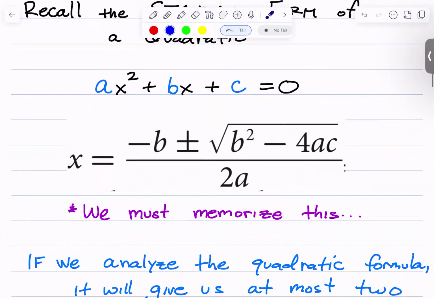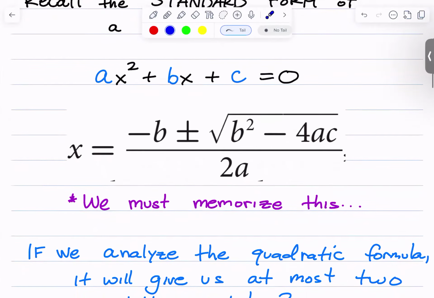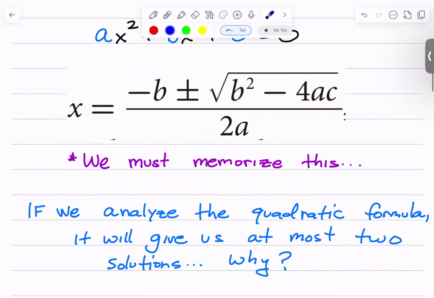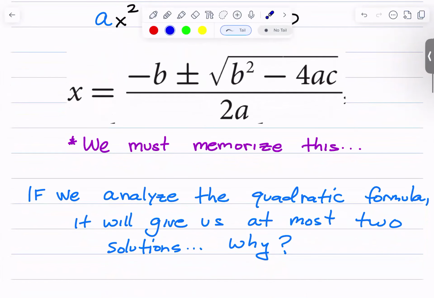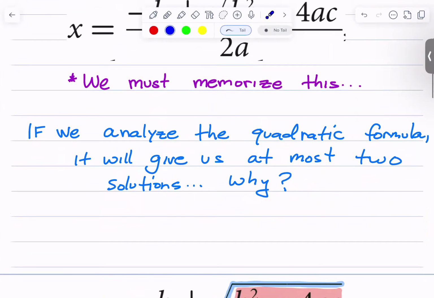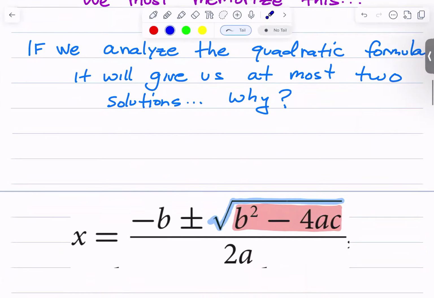Before we get into our examples, I want to take some time to analyze this formula. If we look at the quadratic formula, it will give us at most two solutions. Why is that? Why will this formula give us two solutions?